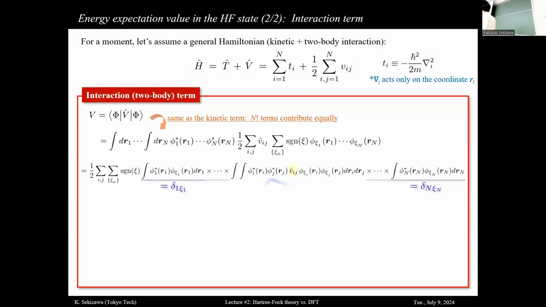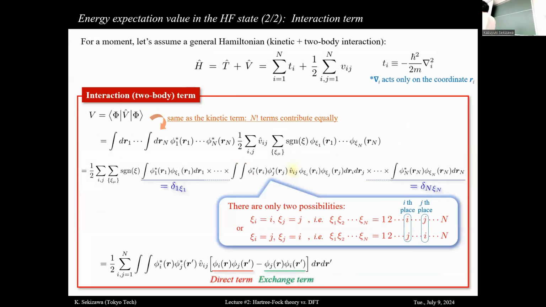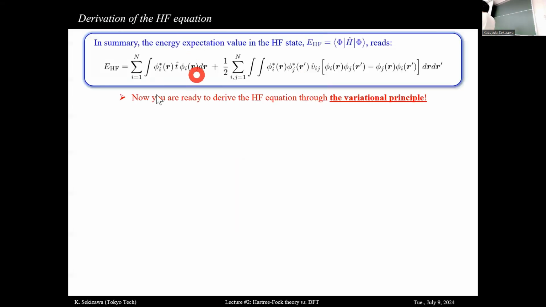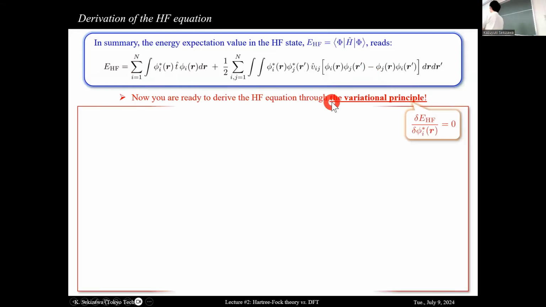So this is the energy expectation value taken with the Slater determinants. After that, we take the variation with respect to the single-particle wave function, phi star.